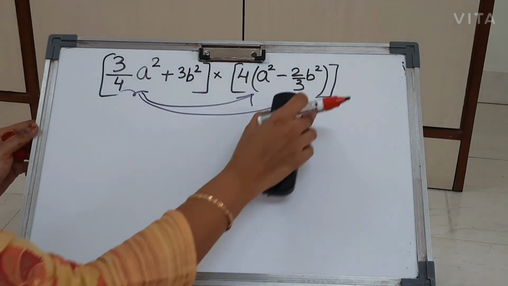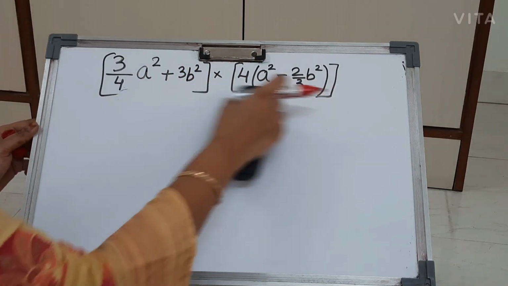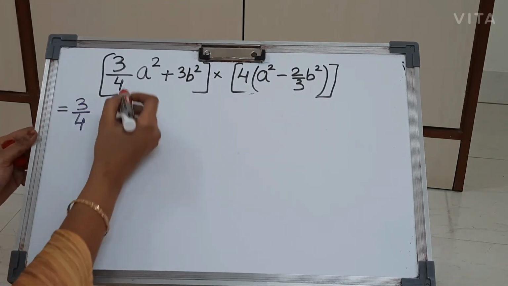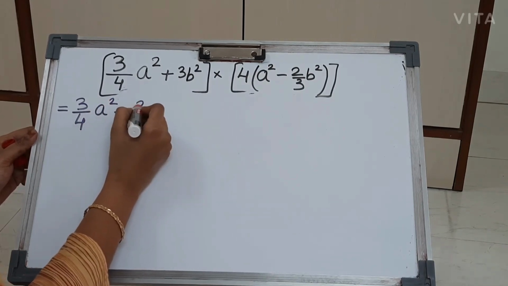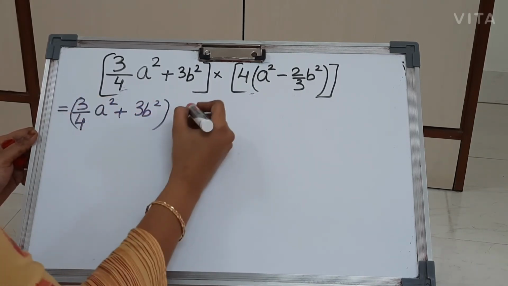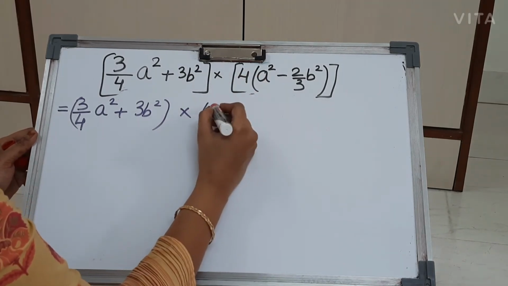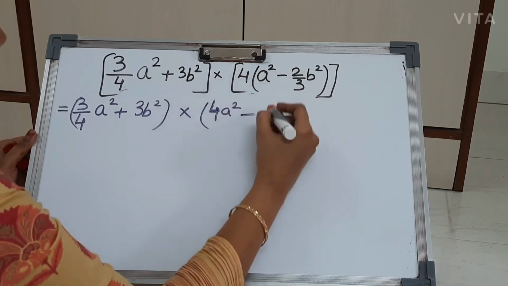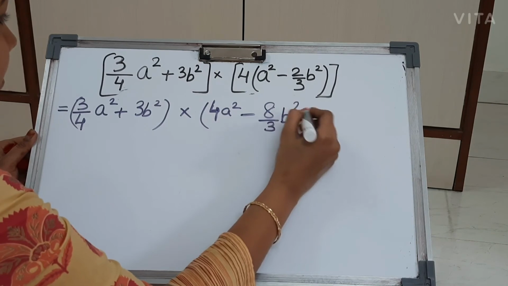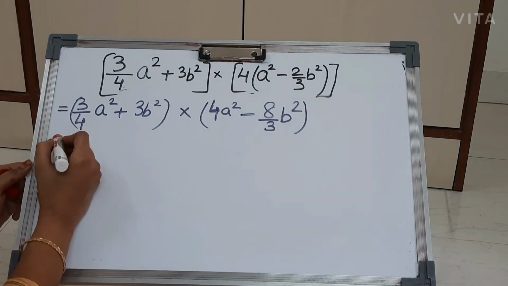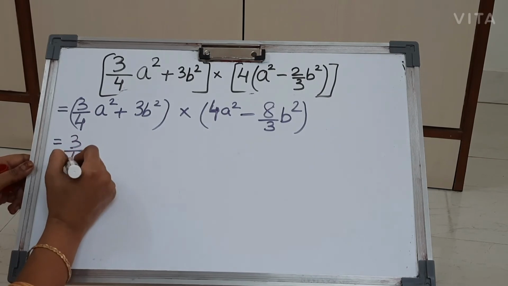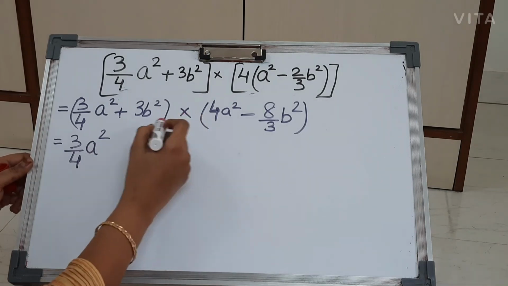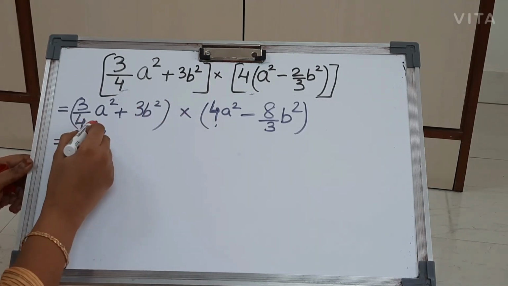So first we will simplify (3/4 a squared plus 3b squared) multiplied with (4a squared minus 8/3 b squared). Now we will simplify. See how we are multiplying the binomials. You will be very clear with this example. 3/4 a squared multiplied with this, then again this term with this.